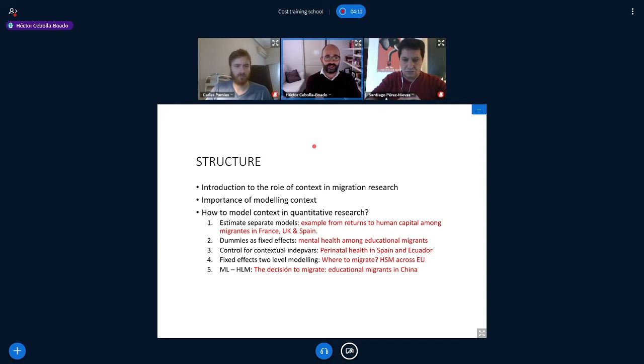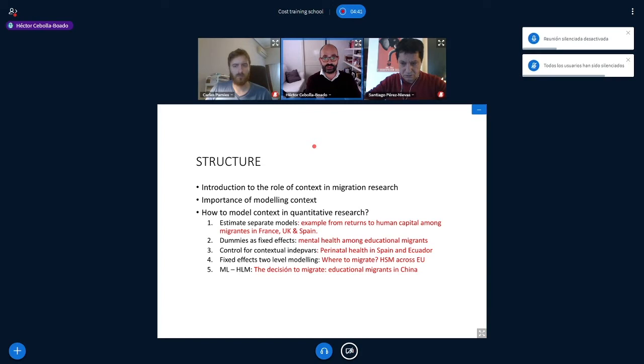And then I will cover different ways the literature uses to approach context in quantitative research, and I'll give a little overview for each of them. But then I will also give an applied example, or a real life example, using data that I myself produced or data that I work with in different countries and for different topics, so using different dependent variables.